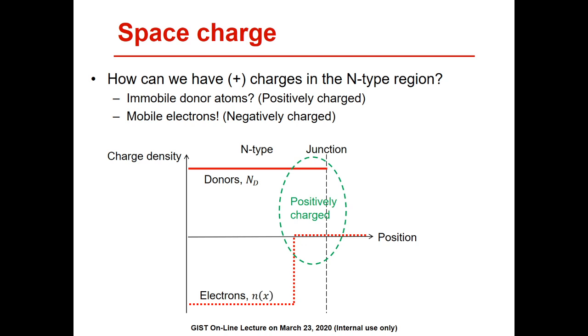They are mobile and negatively charged. The absence of electrons can solve this situation. As shown in the figure, a region without electrons has a net positive charge density. Similarly, in the p-type region, there occurs a region without holes.